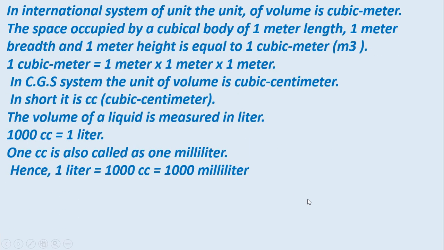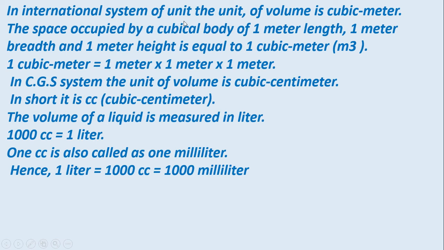Now, the unit of volume. In the International System of Units, the unit of volume is cubic meter. Look, cubic meter. So, the space occupied by a cubical body of length 1 meter, breadth 1 meter and height 1 meter is equal to 1 cubic meter.